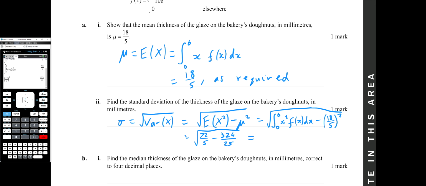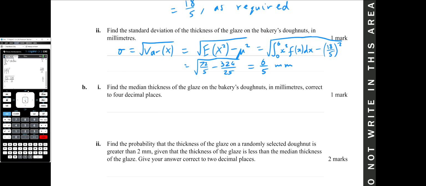And then there we go. So let's just square root the difference between 72 over 5 and 324 over 25, and we just get 6 over 5, and that's going to be in millimeters. There we go. That's the standard deviation.